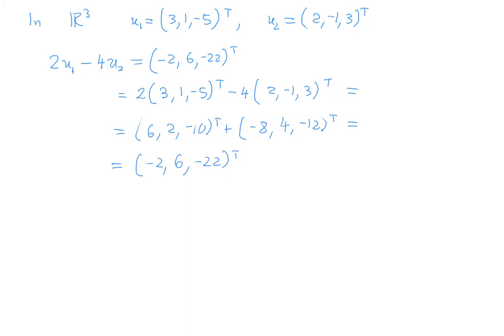So this is called a linear combination. And pretty much we're going to be dealing with linear combinations throughout the semester. Let me remind you what we said on Monday.